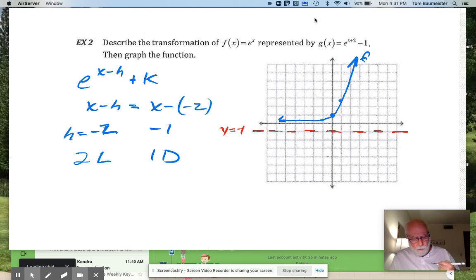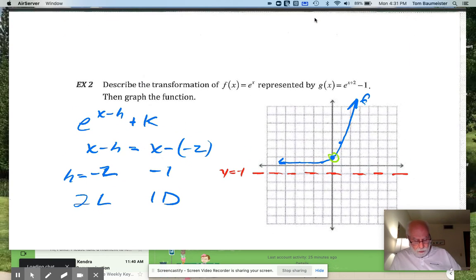Now, why don't you take a point and do exactly what we said and then go from there? So if I take this point here, it says 2 left, excuse me. I'm going to go 2 left, 1, 2, and I'm going to go 1 down. Now, does that make sense to you?